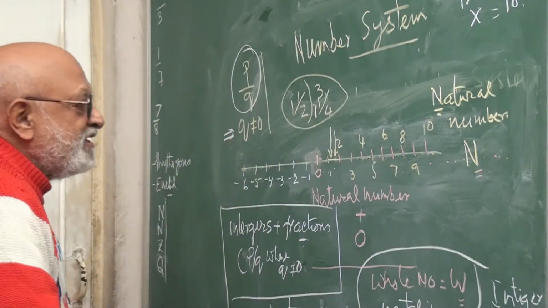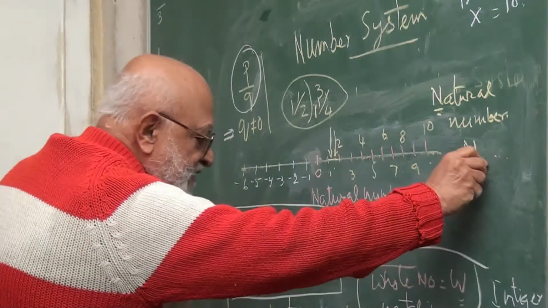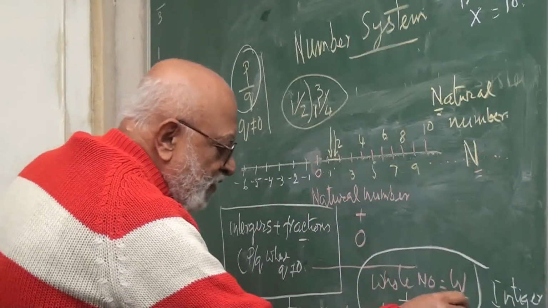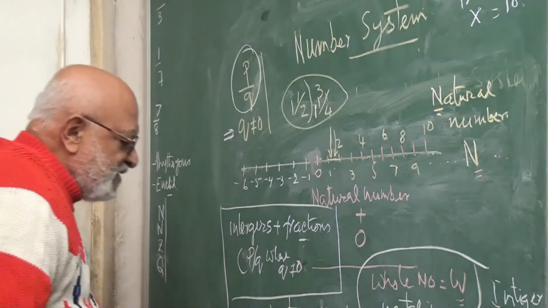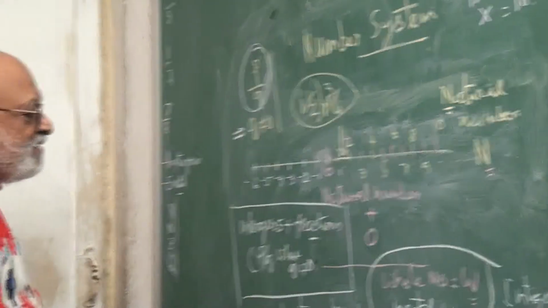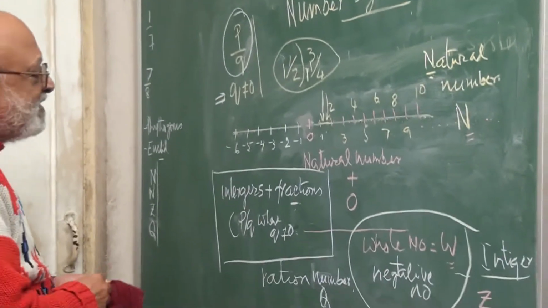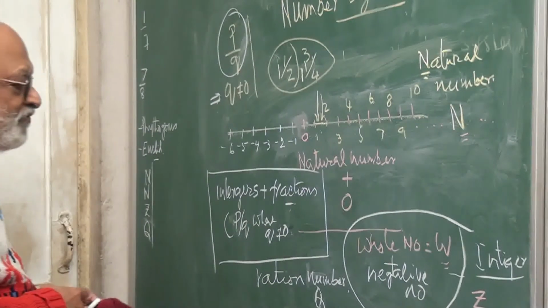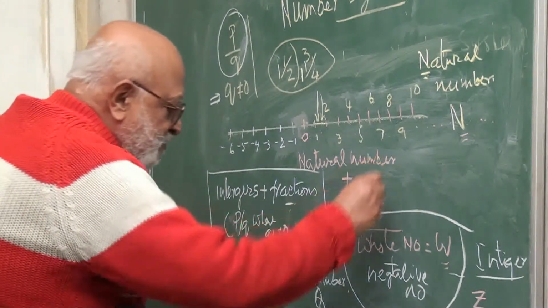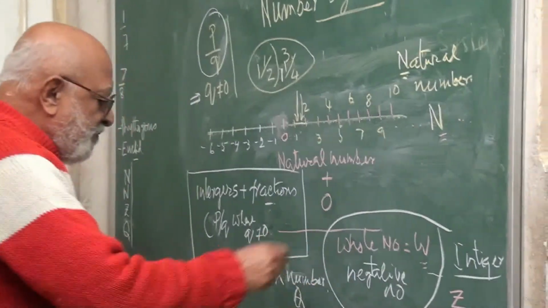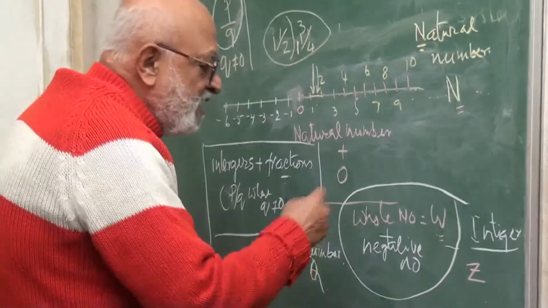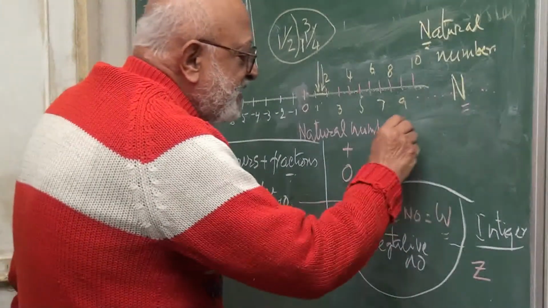So you have N, you have W, you have integers, and then you have rational numbers. What are these rational numbers? You can see that any one of these natural numbers, whole numbers, integers, can also be part of the rational numbers. How? Let us say we take 9.